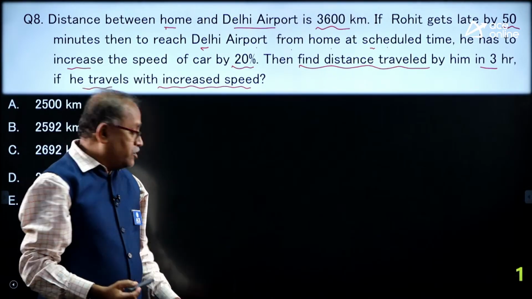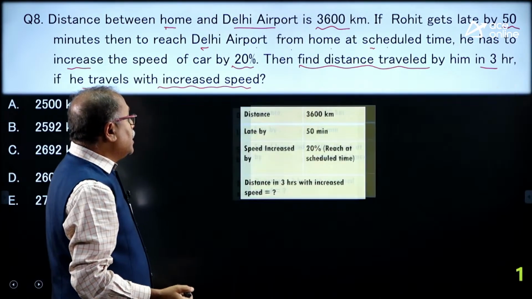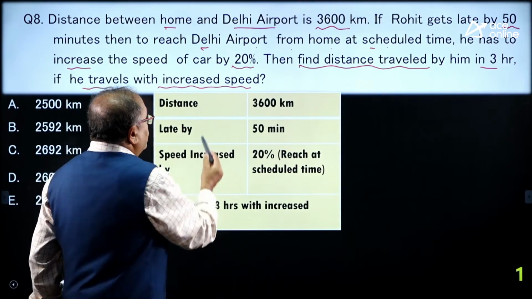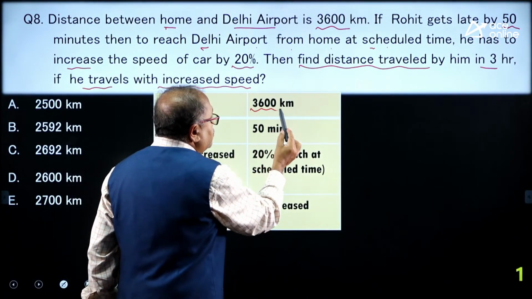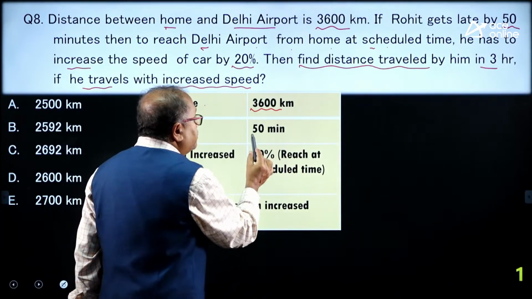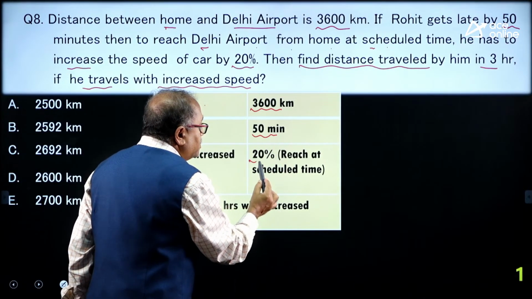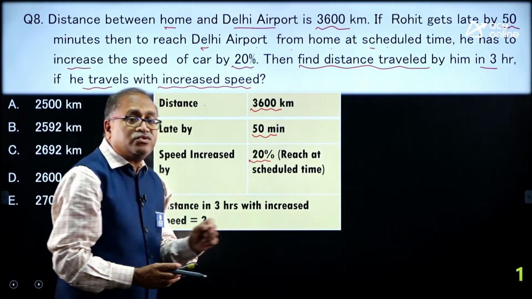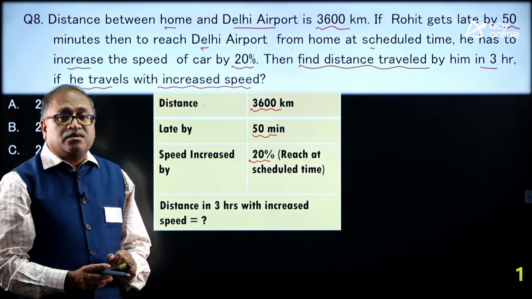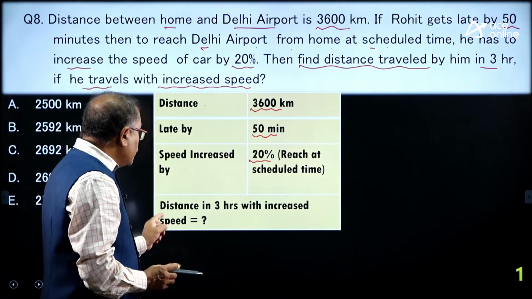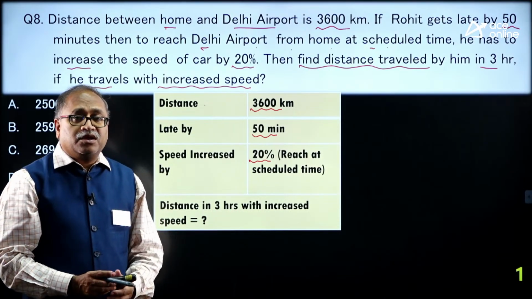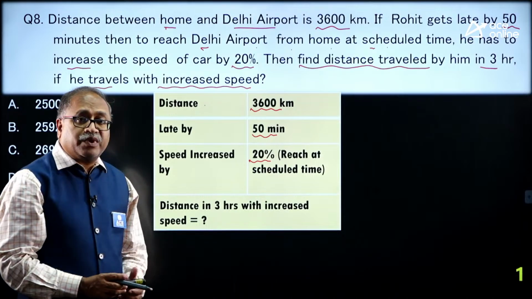First, I need to find out the speed, and this is the information we have. The distance is already given to us, and he was late by 50 minutes. By increasing the speed by 20%, he is able to save those 50 minutes. The question is, in 3 hours, how much will he cover with the increased speed?